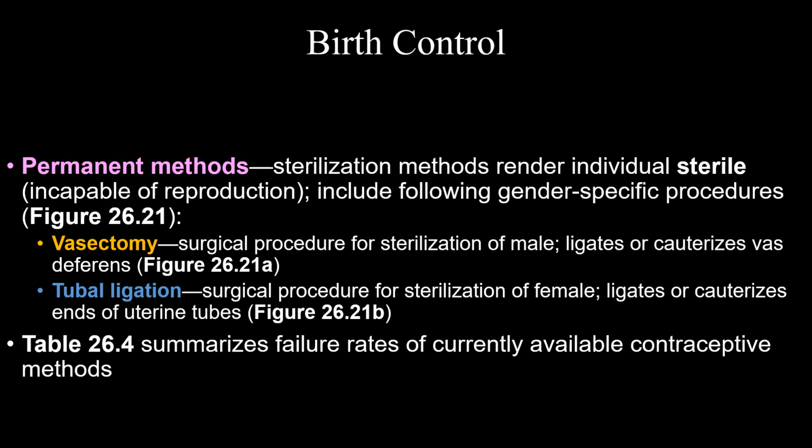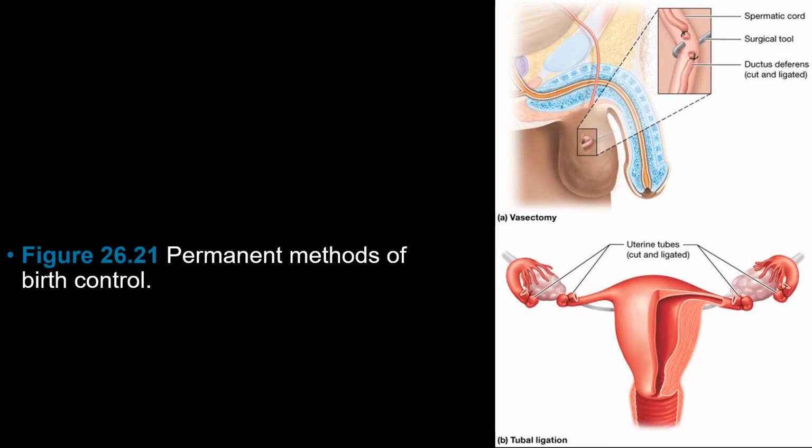Unfortunately, no perfect form of birth control exists. And so we're going to look at a table here that'll show the failure rates of any available contraceptive methods. First, the procedures I mentioned.